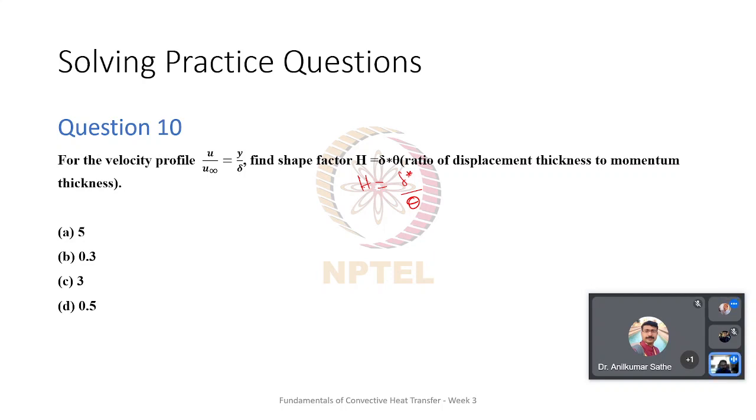The velocity profile is very simple. It's a linear profile. U by u infinity equal to y by delta. So the correct process would be to find out delta star first, then theta, then take the ratio of it and find out whatever value this comes out.